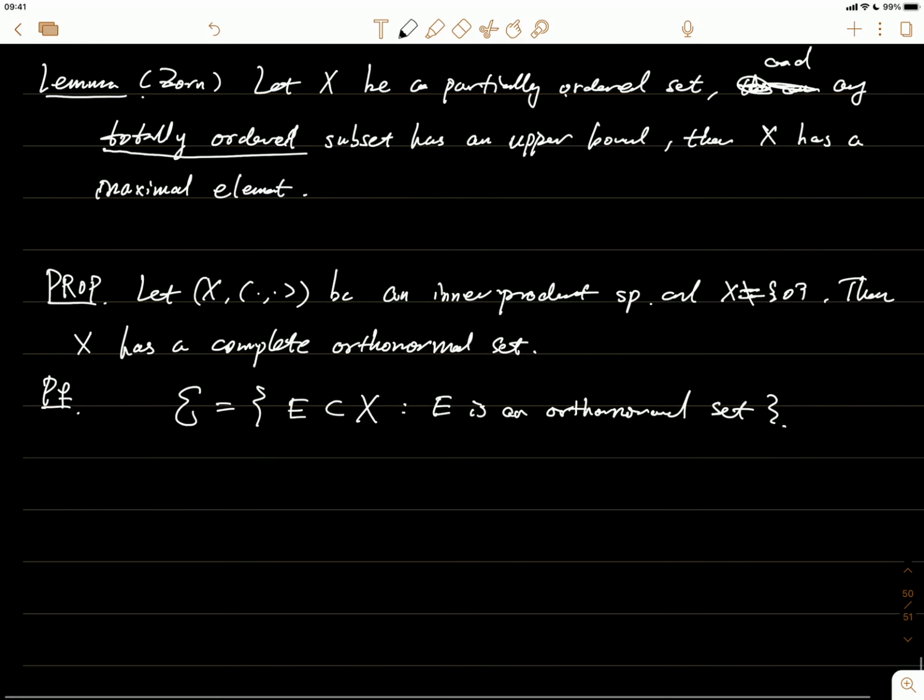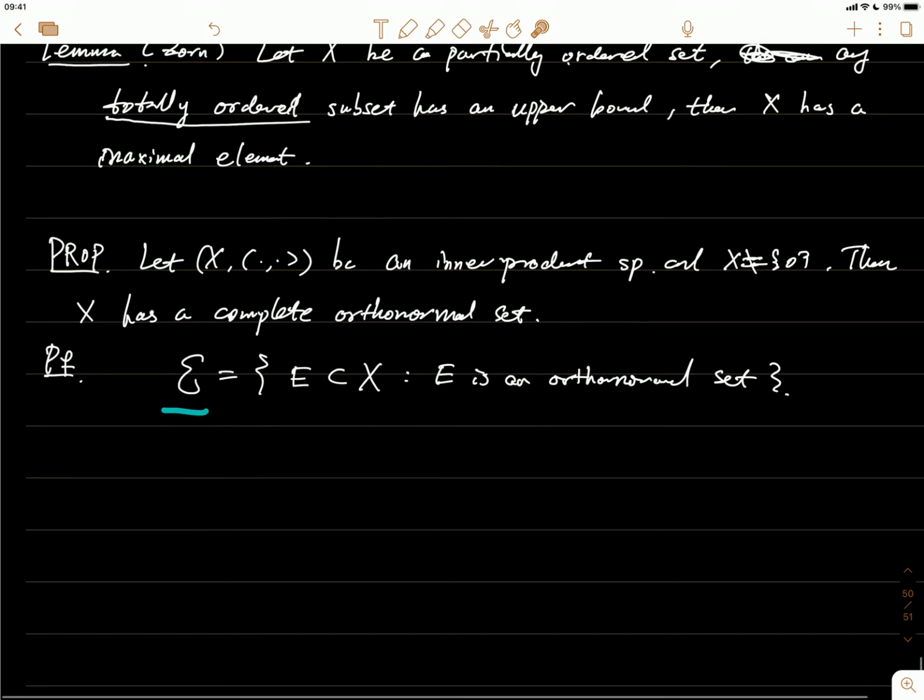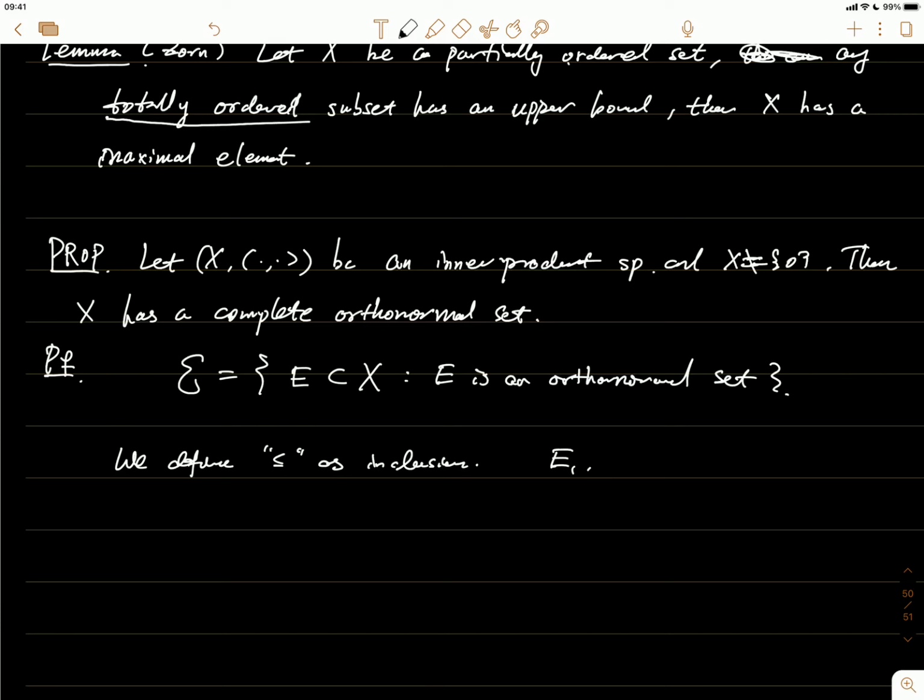Then we can see this set E here is a partially ordered set, because we define the order as inclusion, meaning that if I have this E1 and E2, then we say that E1 is less than or equal to E2 if E1 is included in E2.